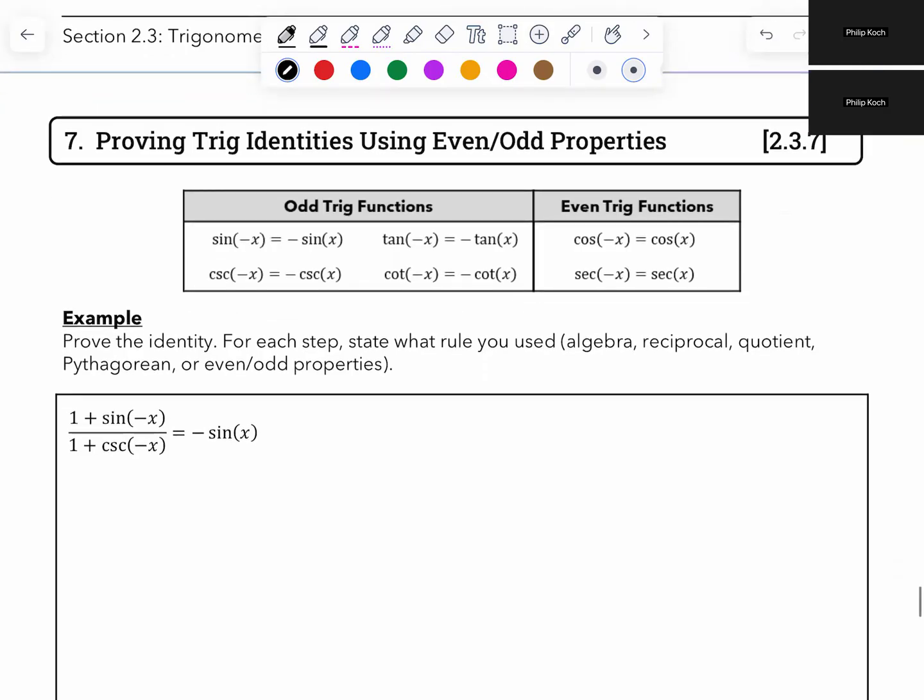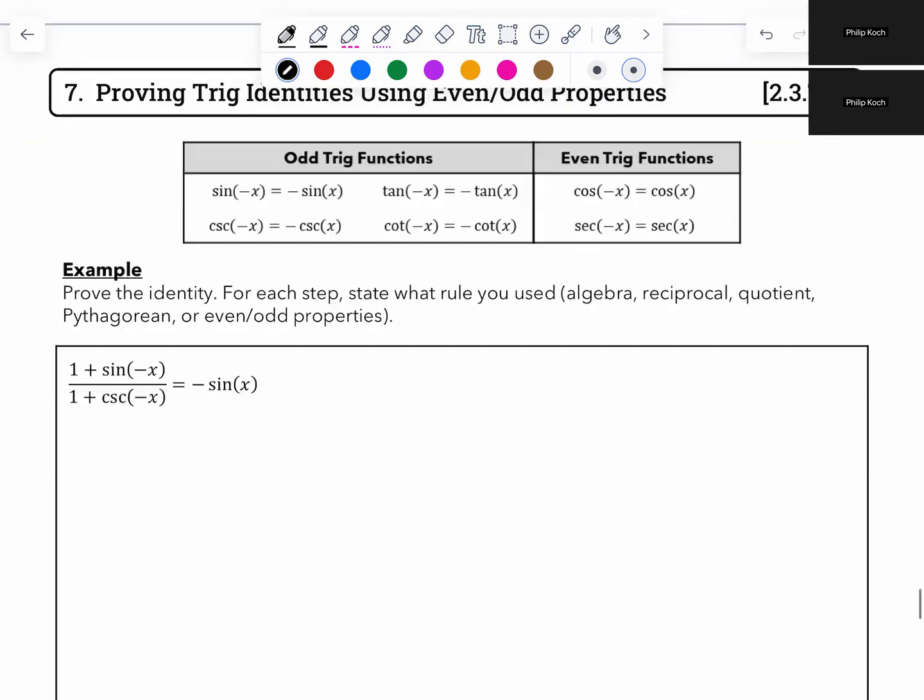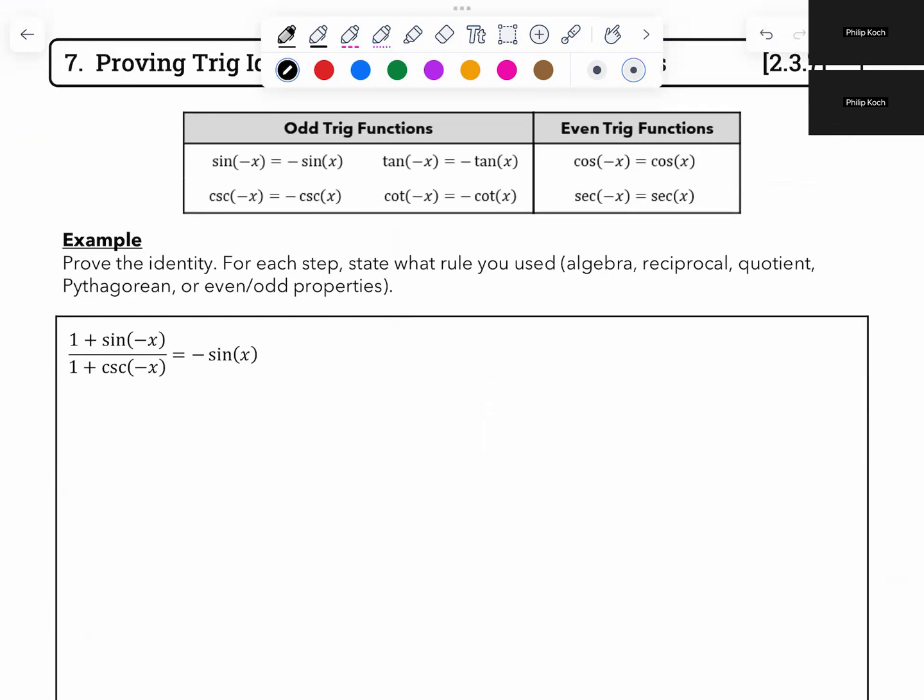So I'm going to start with the left-hand side. That seems far more complicated to me. Negative sine of x looks pretty nice. So this then becomes 1 plus sine of negative x over 1 plus cosecant of negative x. Sine is an odd function, so I can bring the minus sign out front.